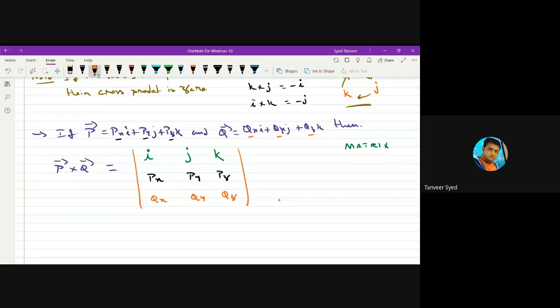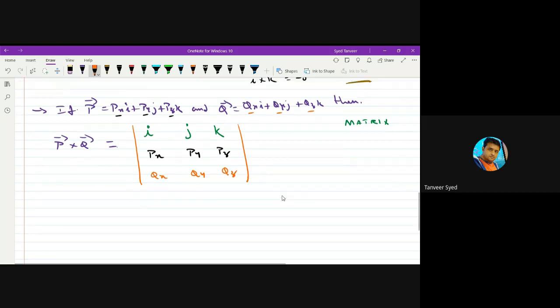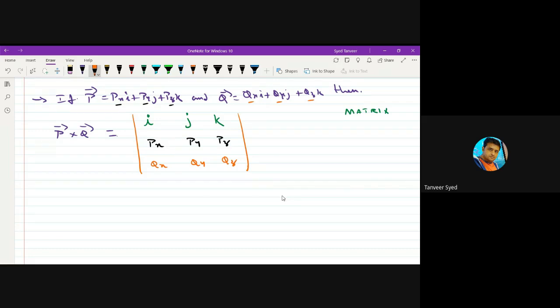This is a 3 by 3 matrix. 3 by 3 means 3 rows, 3 columns. Row 1, row 2, row 3. Column 1, column 2, column 3. Now, how and why you do this mathematical procedure, you will study in detail in mathematics.